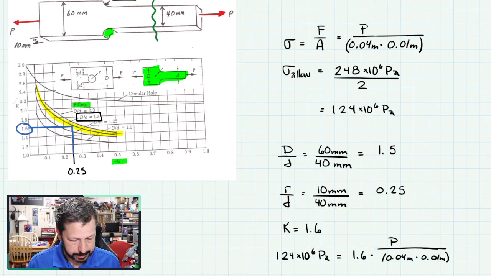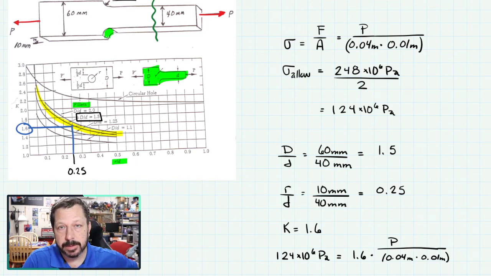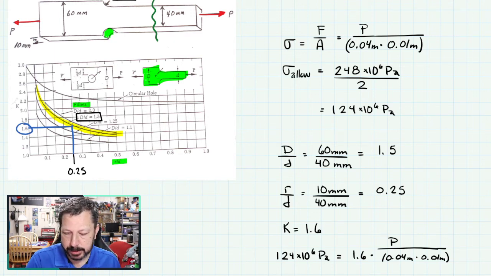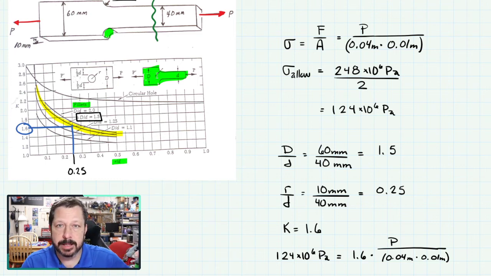Okay, I think that probably is about all that we need to know at this level for how you operate a stress concentration chart. The biggest thing is making sure you don't misuse one of the charts. Like think of this chart and apply it to a shaft that has the same kind of shape to it. So you do have to make sure you're using a chart that matches a flat bar when you have a flat bar, or a chart that has a shaft in it when you have a shaft.